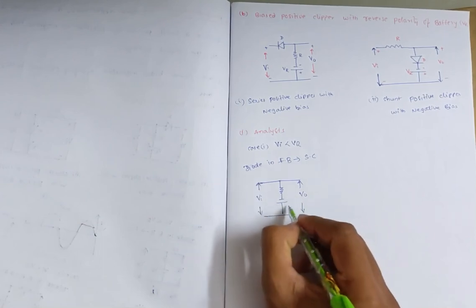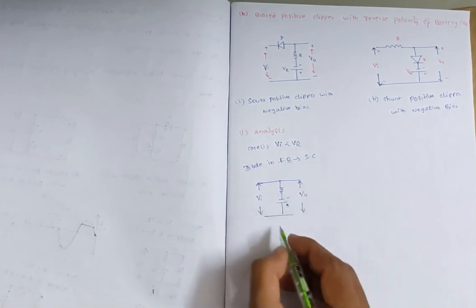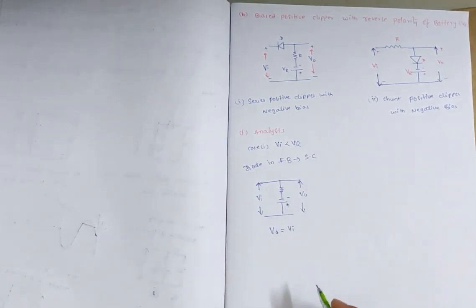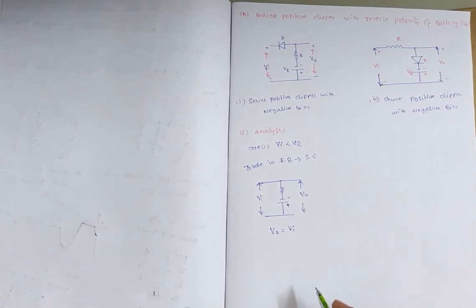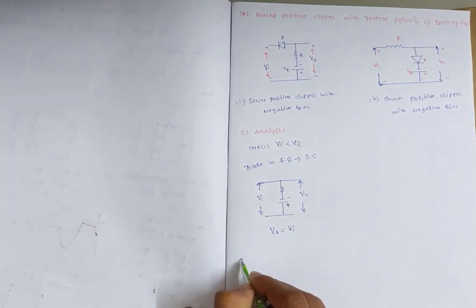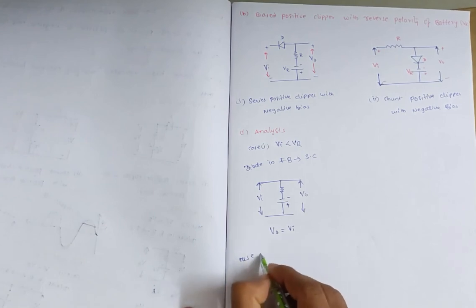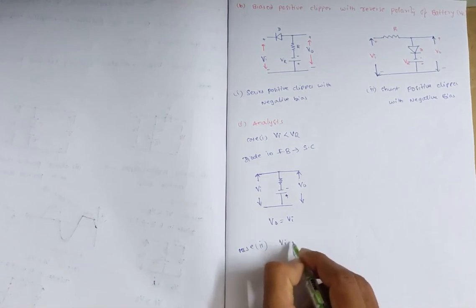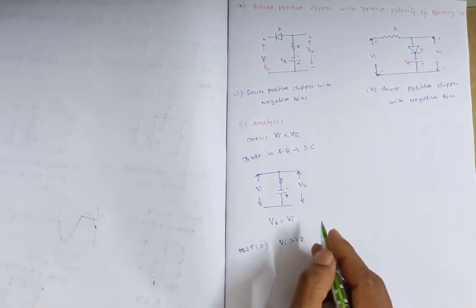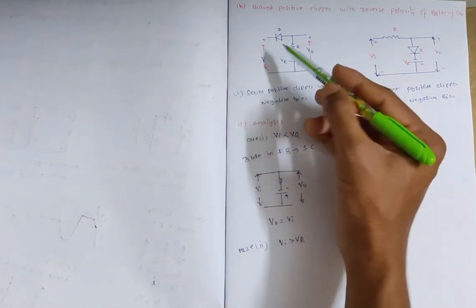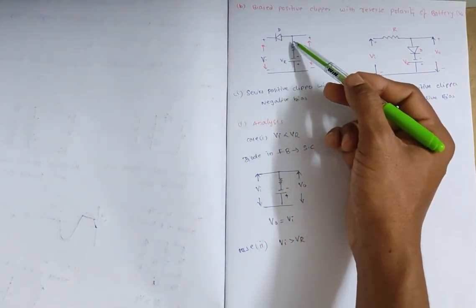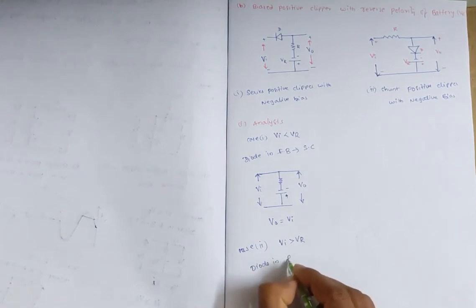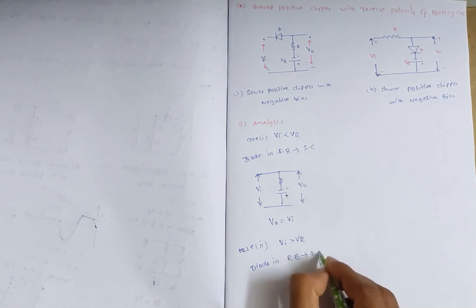So from this we can write the equivalent output V naught equals Vi. And in case 2, Vi is greater than Vr. Then the cathode potential is more compared to the anode potential, so the diode is in reverse bias and acting as open circuited.